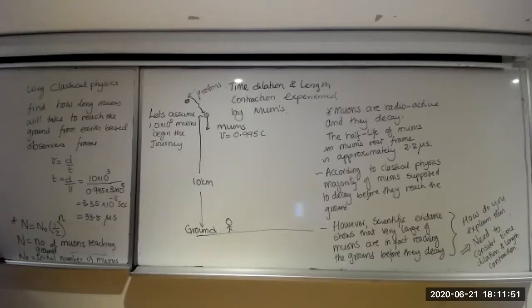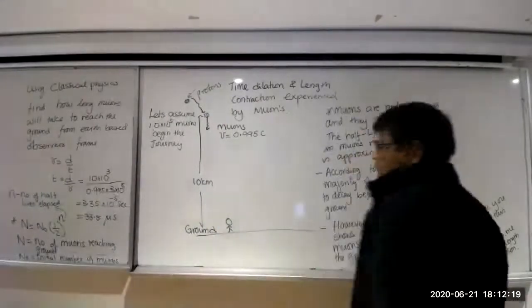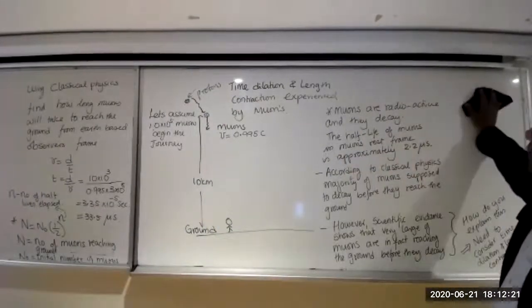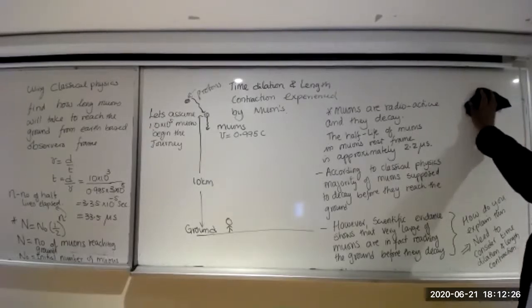Little n means the number of half-lives elapsed, the number of half-lives gone through.